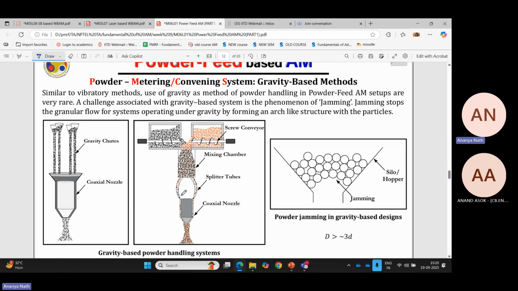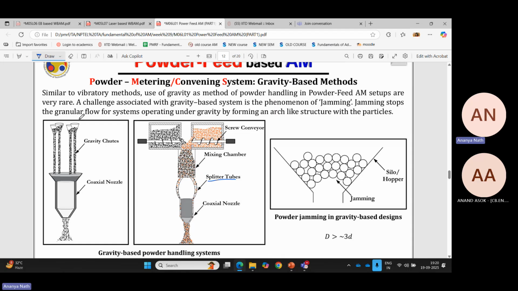In that case, after the mixer, the powder delivering nozzle pipes will be split into two, and then around the circumference the powder will start coming to the deposition zone.